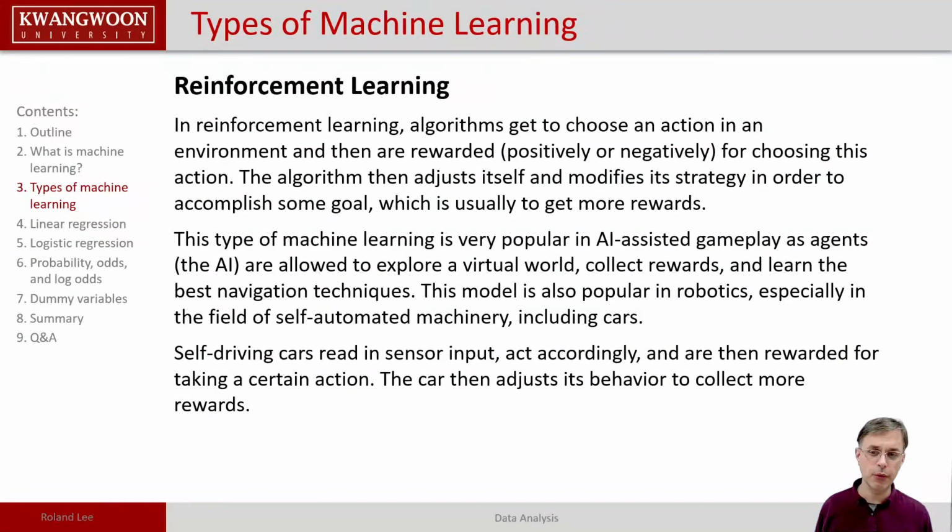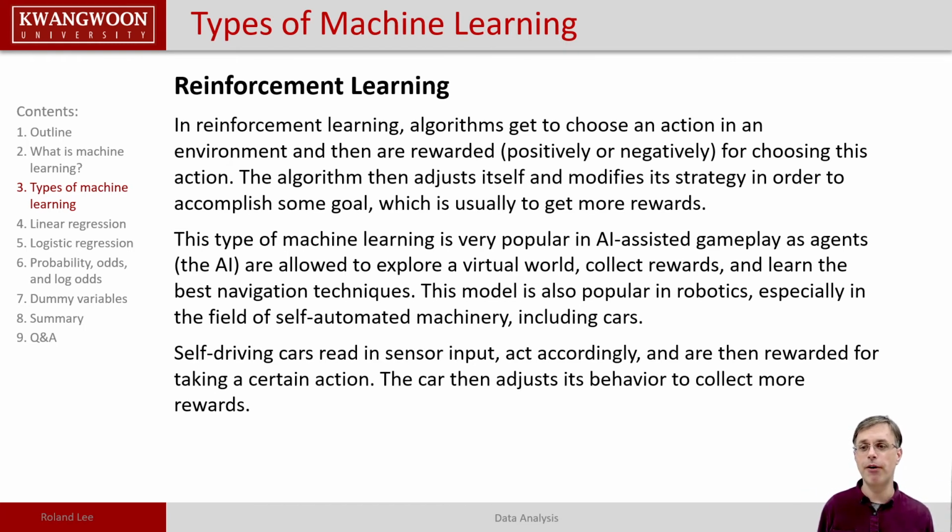And the last one is reinforcement learning. In reinforcement learning, algorithms get to choose an action in an environment and then are rewarded positively or negatively for choosing this action. The algorithm then adjusts itself and modifies its strategy in order to accomplish some goal, which again leads to more rewards.